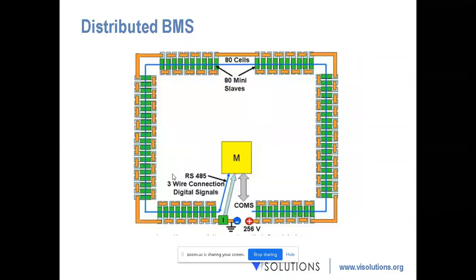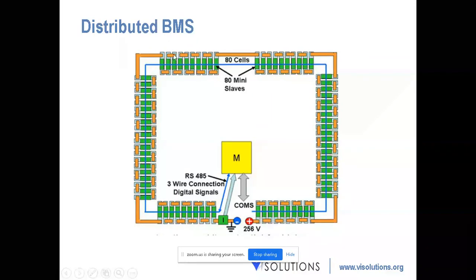And distributed BMS, you could say, is going to be a pack of batteries. Battery packs are going to be available. Instead of having a single battery management unit, you're going to have mini slaves. Each of them is going to have a separate controller, a battery management unit, and the main unit will be separate.